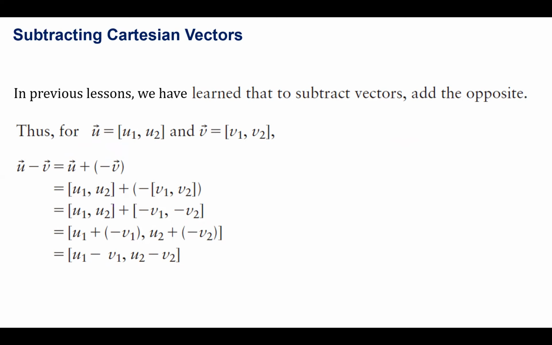Then that equals u1, u2 plus negative v1, negative v2. Then the two components are u1 plus negative v1 and u2 plus negative v2. Therefore, the resultant vector is u1 minus v1, u2 minus v2. These are the two components of the new vector.